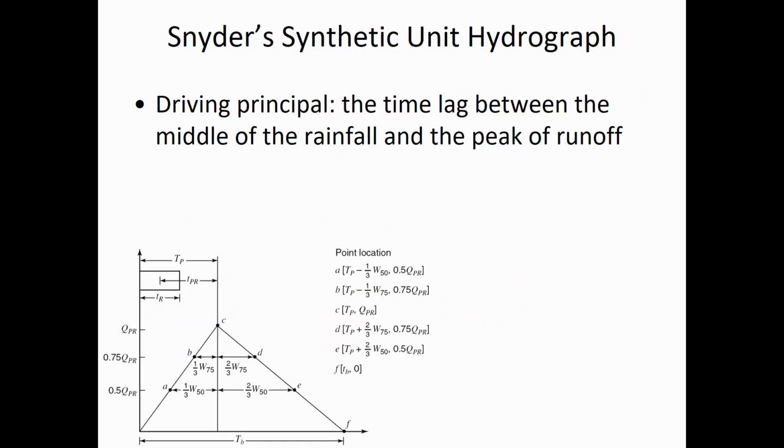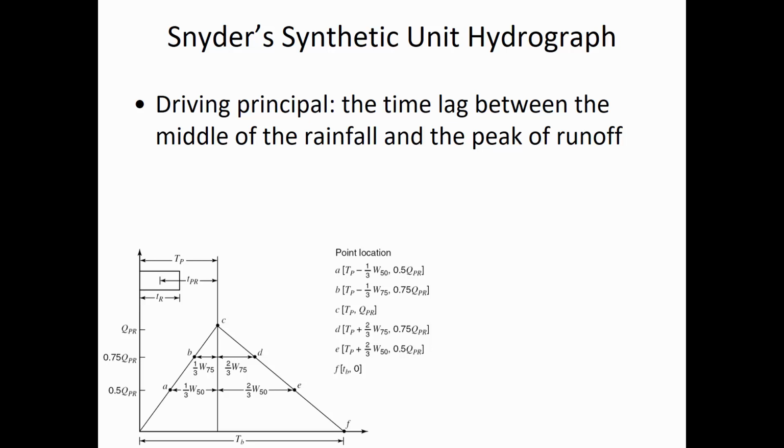Now, the problem with these synthetic unit hydrographs, among other things, is that they assume a triangular runoff pattern. They assume that the flow rate goes to some peak value.